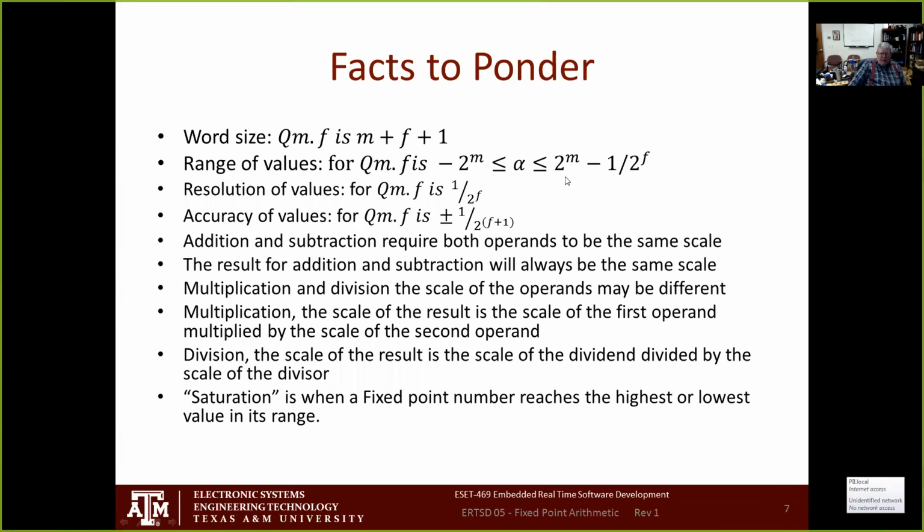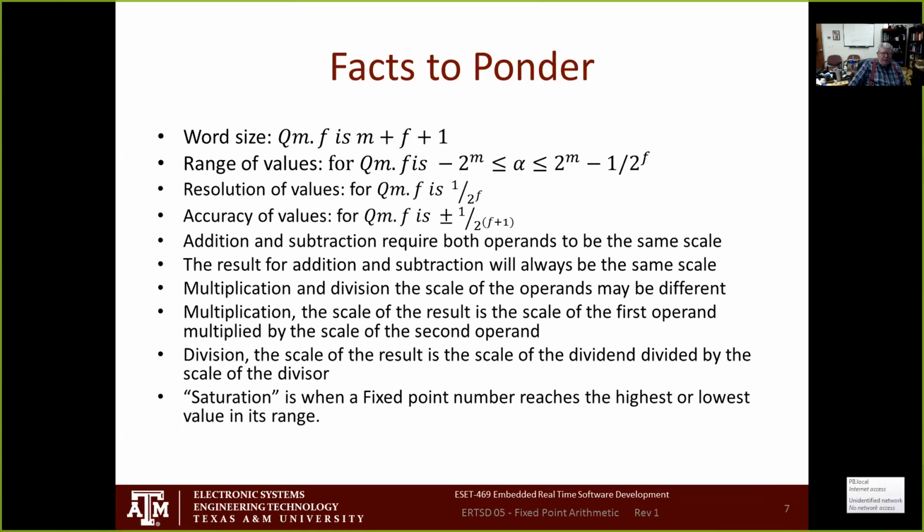The largest value that it can take on is 2 to the nth power minus 1 over 2 to the f power. That's hard to say. 2 to the power f, we'll say it that way.